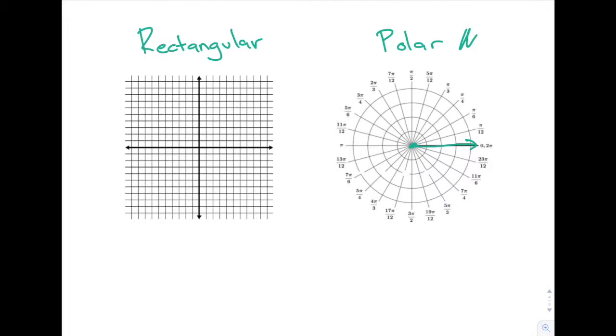This should feel like the unit circle. If we start at 0, we rotate counterclockwise some number of radians if positive, or clockwise if negative. And each circle would be 1 unit, 2 units, 3 units, 4 units, etc. So that's what a polar grid looks like. We'll use this to graph a polar equation.